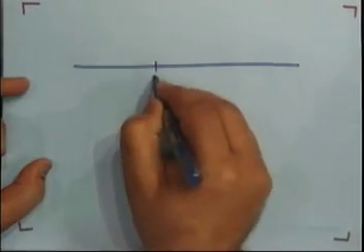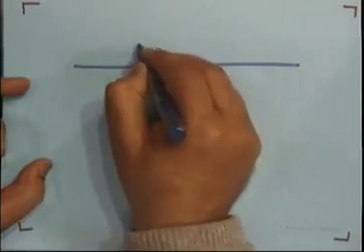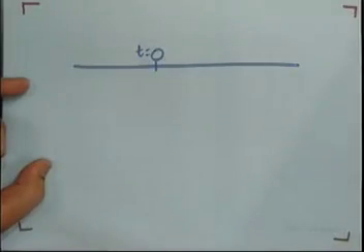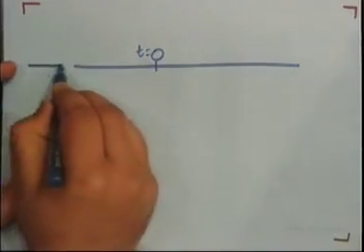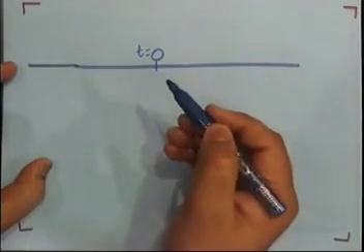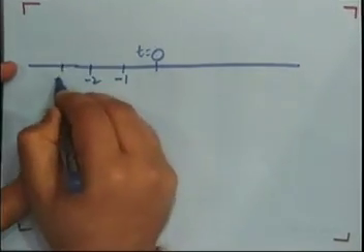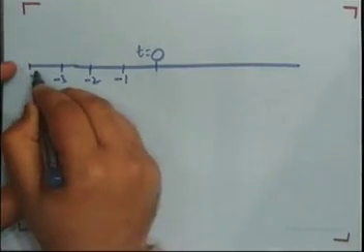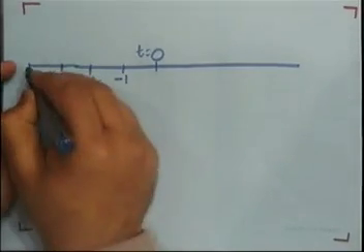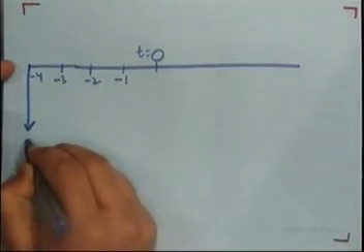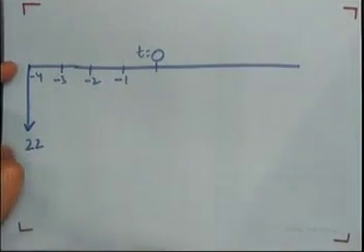Let us make it time t equal to 0. Now, the equipment was purchased 4 years back. So, minus 1, minus 2, minus 3 and minus 4. This equipment was purchased for how much? 22,000.